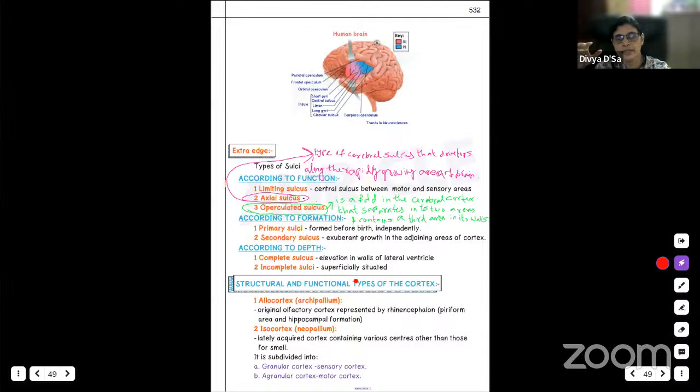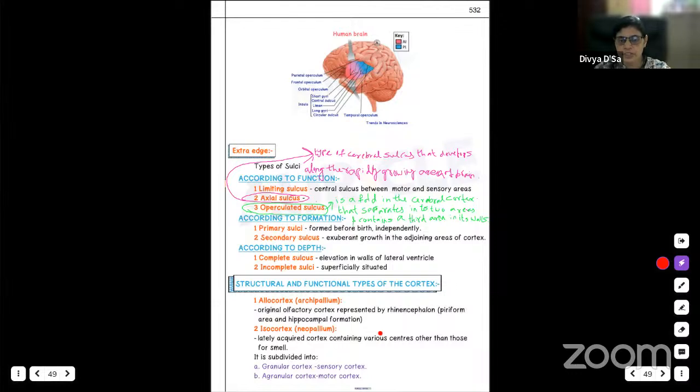Operculated sulcus is basically a fold. Opercula means lid, like a lid. It is a fold of the cerebral cortex that separates two areas, and it will contain a third area in its walls, like the insula.